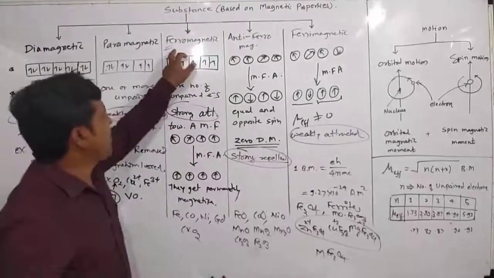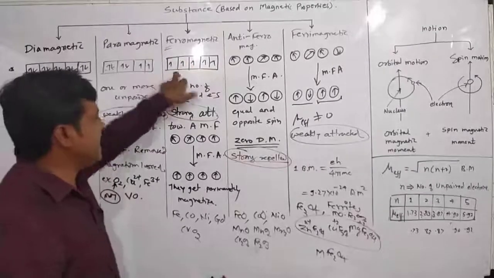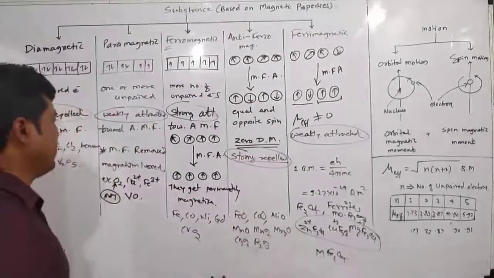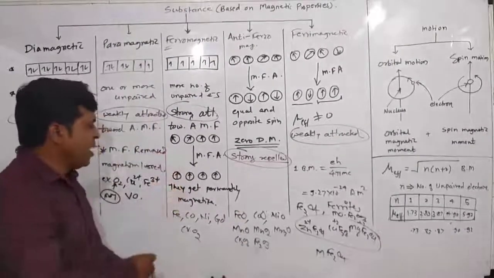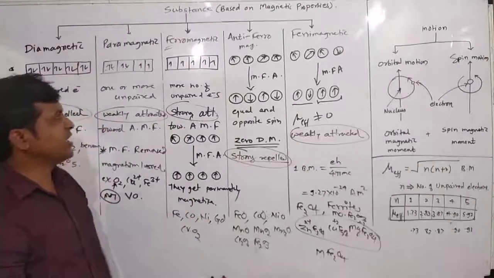Even if the magnetic field is removed, they become permanently magnetized, they become magnets. When the magnetic field is removed, they cannot revert to the original condition.